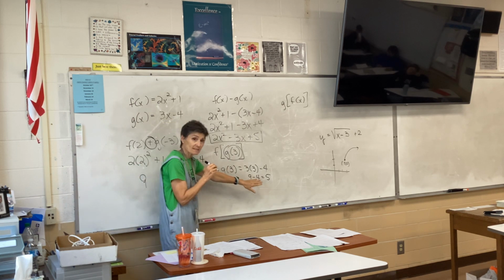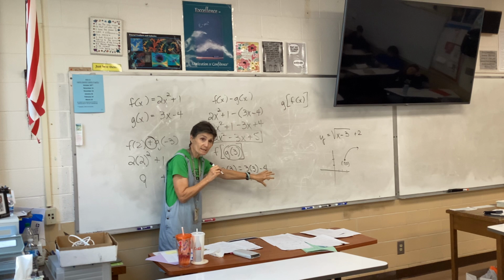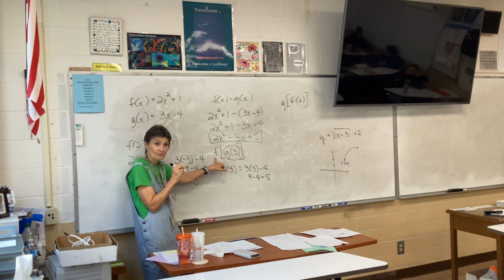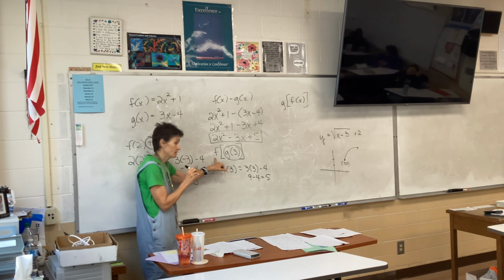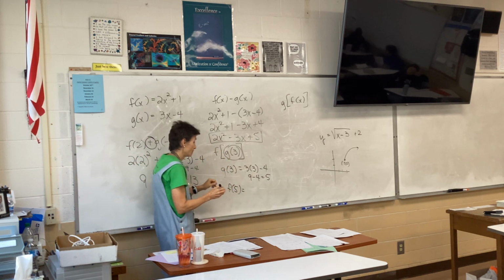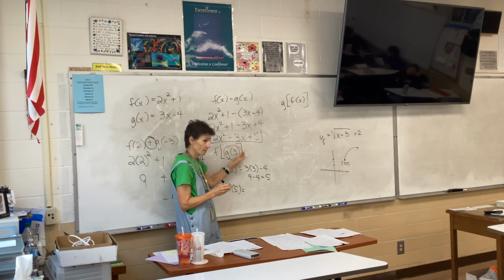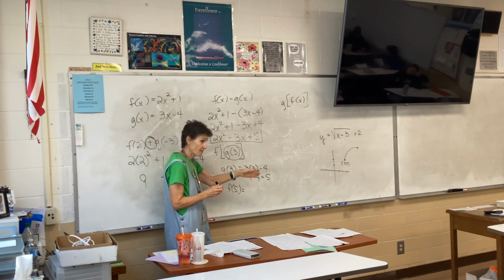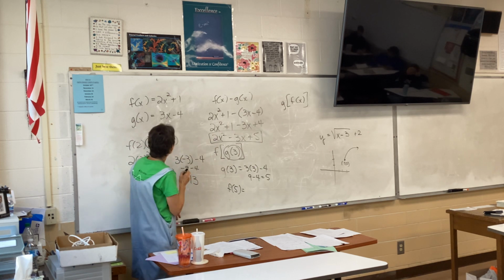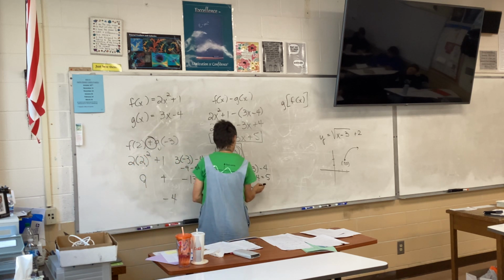Now, 5 isn't the answer though. What do I need to do with the 5? Plug it into f. When you have 2 letters, you find the first letter first, then you take that answer and plug it into the second letter. So f of 5.